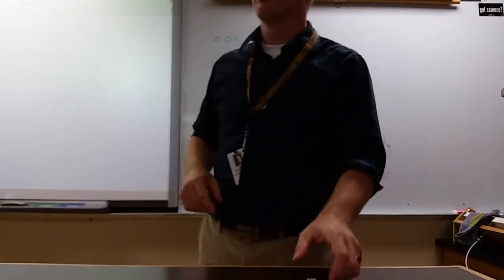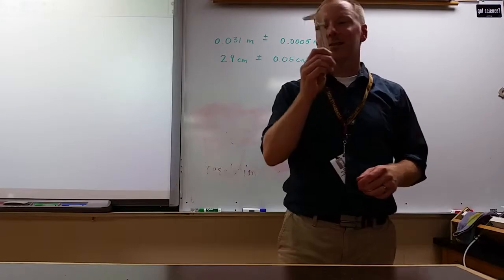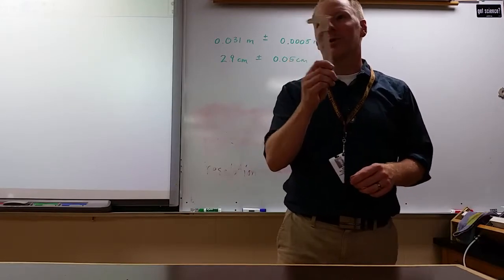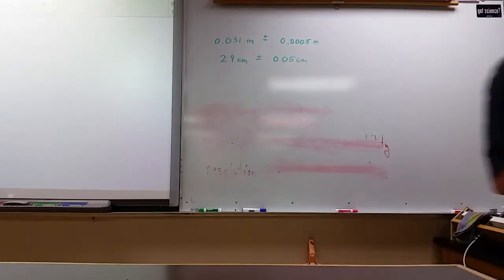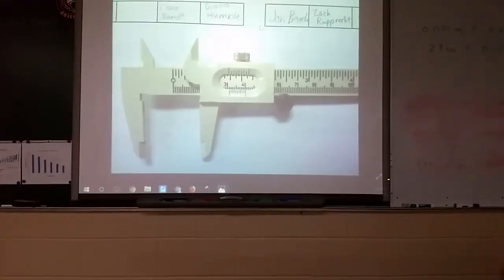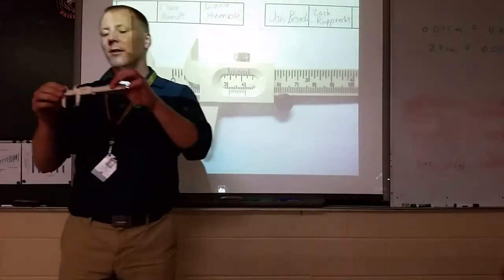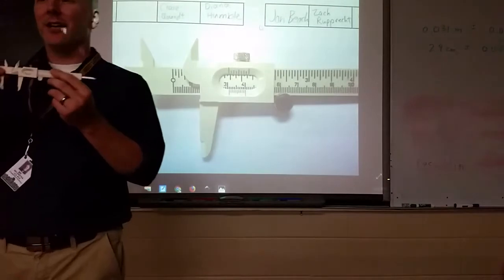But we can improve our resolution and our confidence even more with a wonderful device called a vernier caliper. Okay, the caliper is just the shape and the type of tool. The vernier refers to the scale.